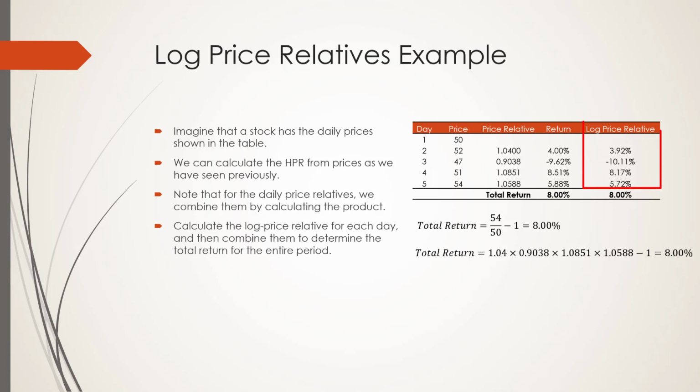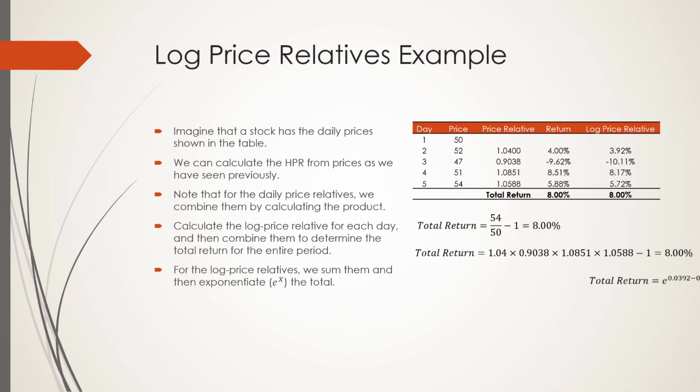Now, with the log price relatives, you see those in the far right column of the table. Notice that they're different than the returns. The reason is that the return, the 4%, is daily compounding. The 3.92 is continuous compounding, and so that's why they're different. To combine those log price relatives and get a total return, we add them up, then raise e to that power and subtract 1.